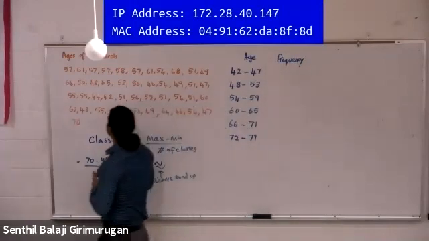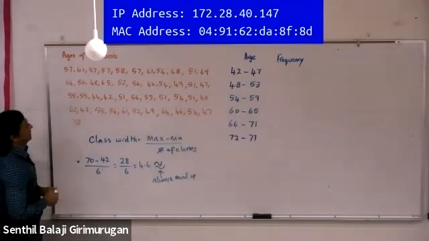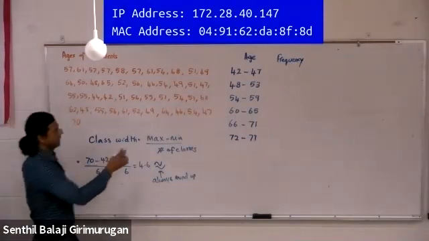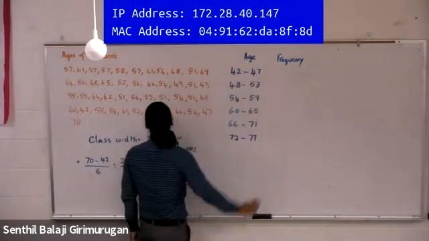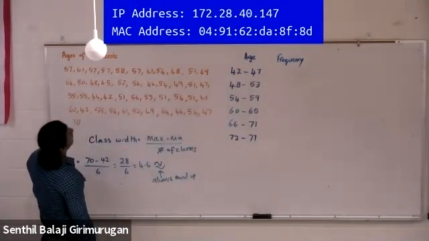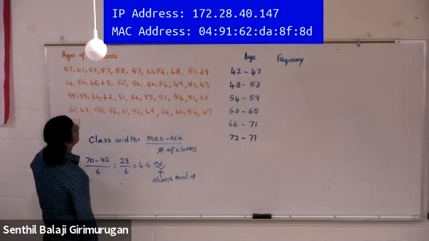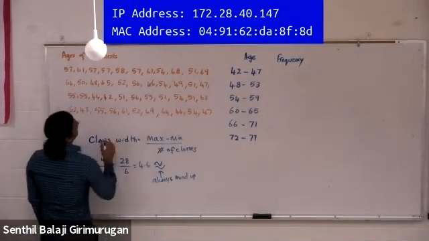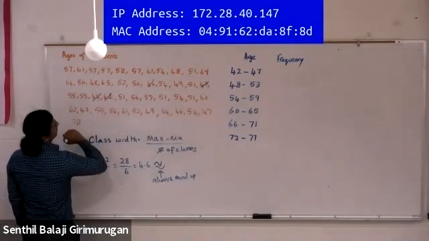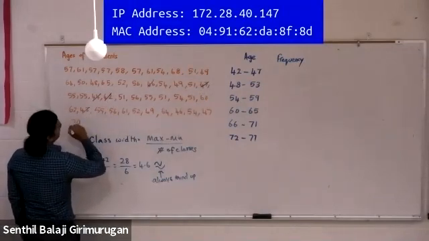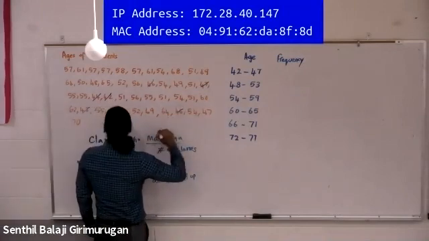Now we want to find the frequency. Well, let's start counting, and these are inclusive, in the sense that we're going to include 42 and 47. So let's see if I can count properly. 1, 2, 3, 4, 5, 6, 7.